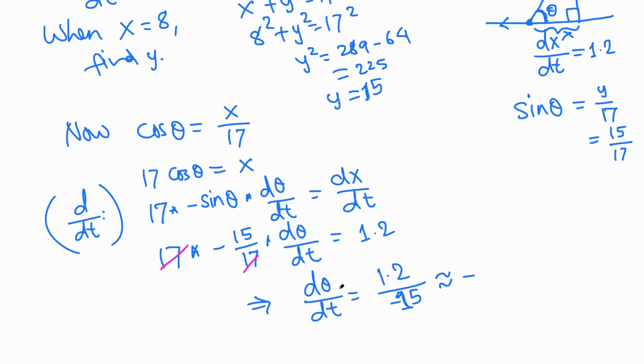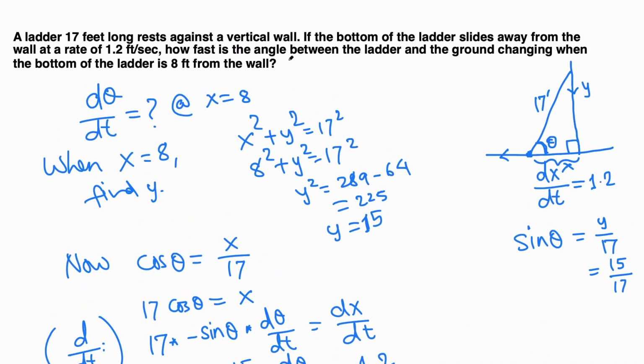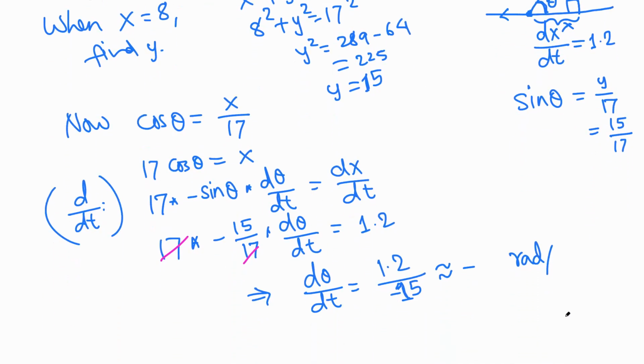This is an angle, so the answer will be in radians per second. Let me use my calculator to determine 1.2 divided by 15, that's 0.08. So the final answer is negative 0.08 radians per second.